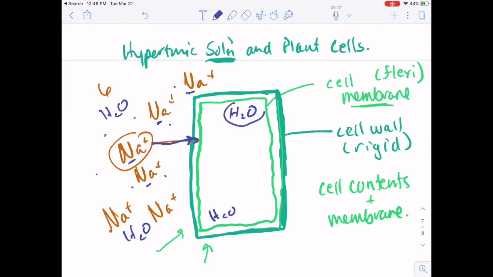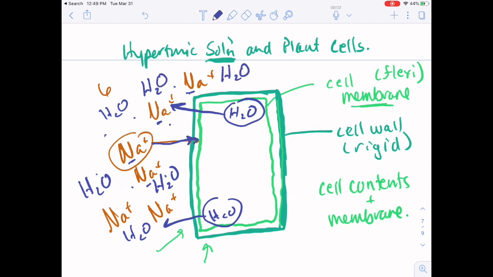So water's like, I can fix this. Water exits the plant cell, and that essentially dilutes out this sodium concentration that's outside the plant cell. Now, as that happens, though, let me erase the water here. There we go.